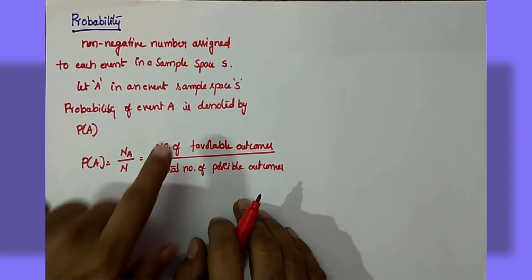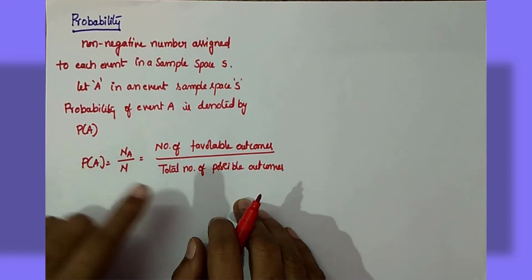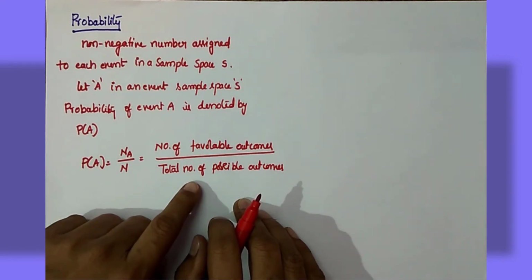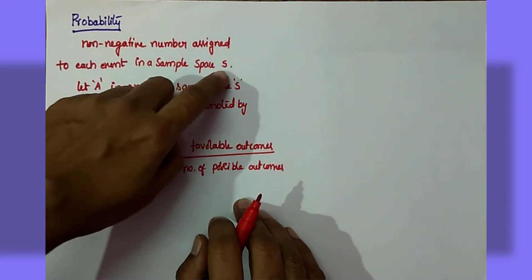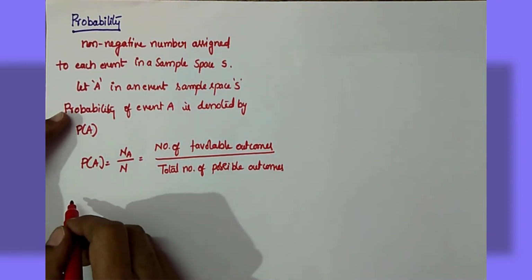Take an event A in the sample space. Now the probability of the event A, which is P of A, is defined as the number of favorable outcomes of the event A divided by the total number of possible outcomes present in the sample space S. I'll explain by taking a simple example.